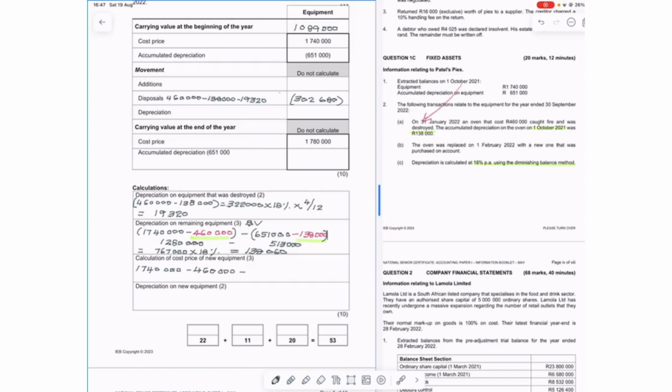And then subtract your cost price at the end of the year. And you'll find that the cost price of your new equipment was 500,000. Let's go put that in.